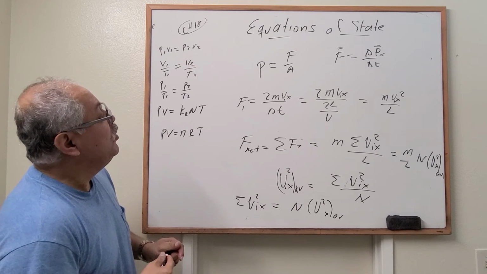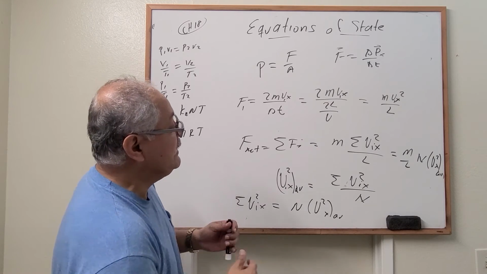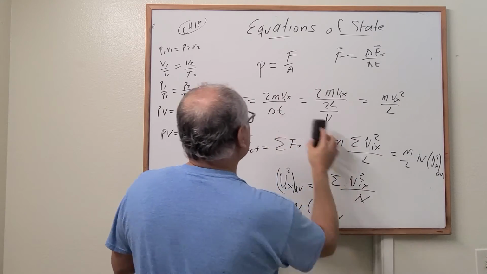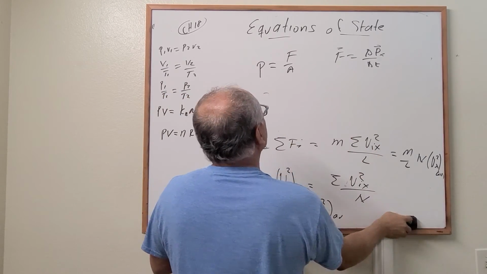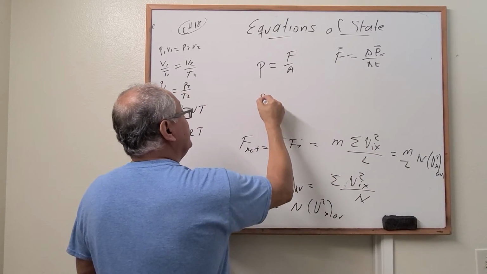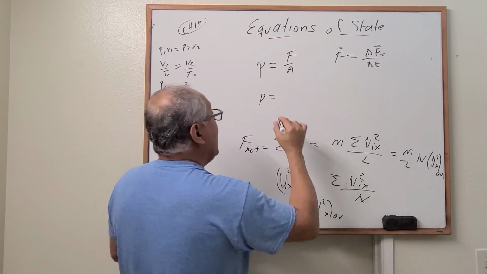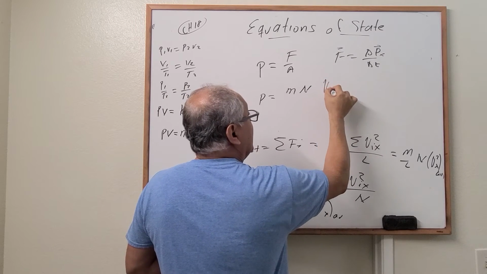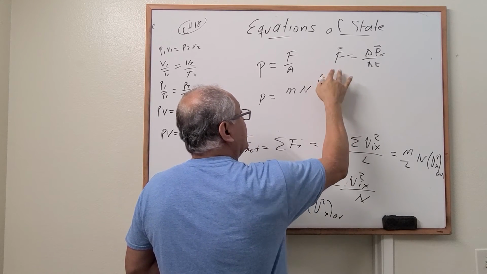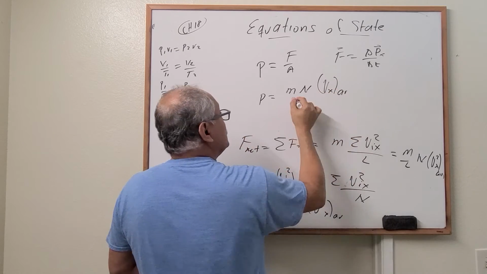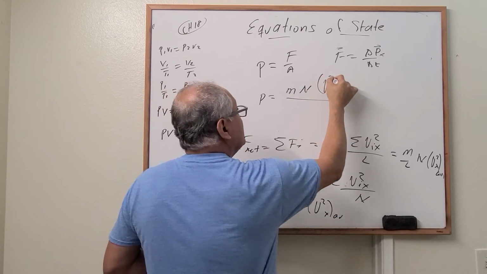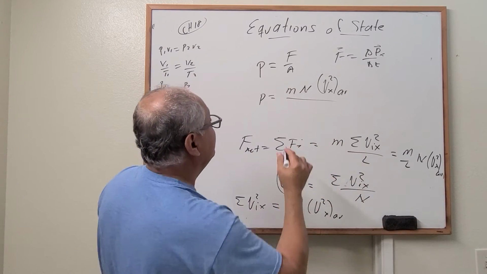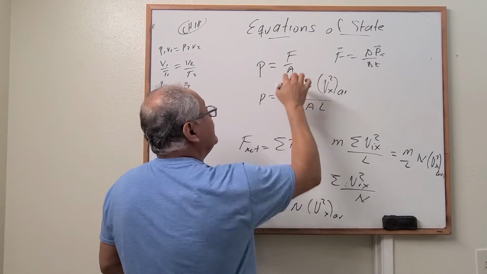Perfect. Now let's go back and substitute that value right here. Let's do it. So let's go to pressure again. Pressure is equal to m n times the average of the square of this quantity, speed, divided by L times the area.